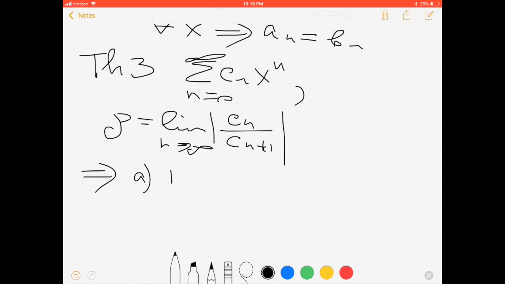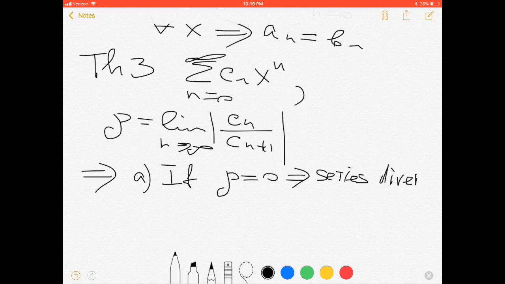A, if your limit equals 0, this means rho equals 0, and the series diverges for any x not equal to 0.